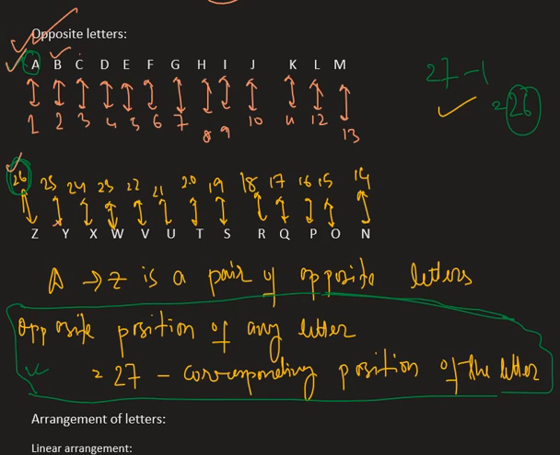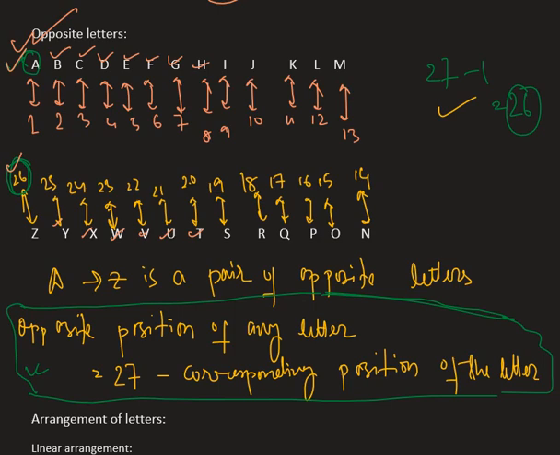C and X can be remembered as 6. D and W can be remembered as dew. E and V can be remembered as evening. F and U can be remembered as UFF. G and T can be remembered as GT road.